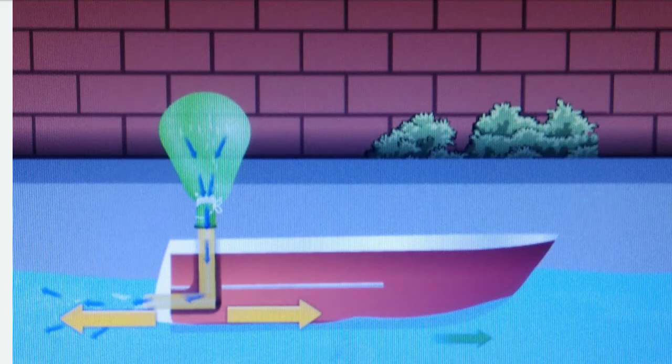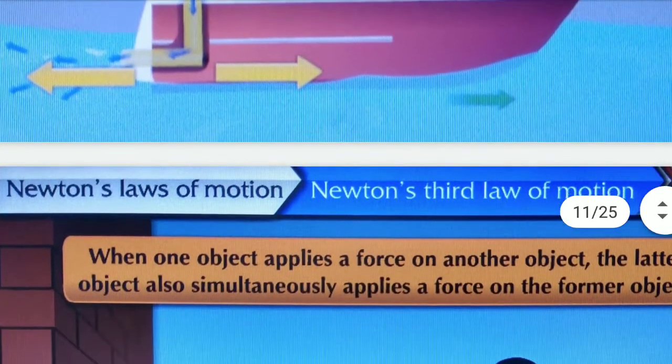The air is coming out of the balloon through the hole at the rear end of the boat, and the boat is moving in the opposite direction. Air is moving out from the hole on the left side and the boat is going forward on the right side.